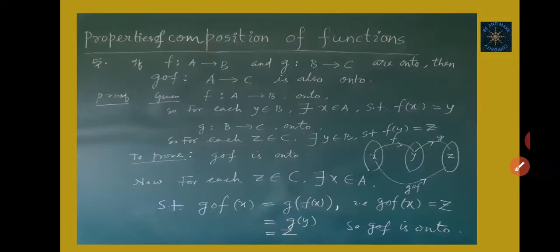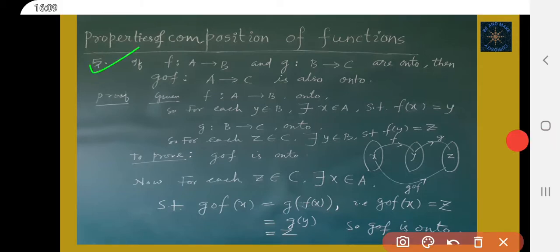Okay. Now come to property 5. Here if f is mapping from A to B and g is mapping from B to C is onto, then gf, the composition of function f and g, is also onto.